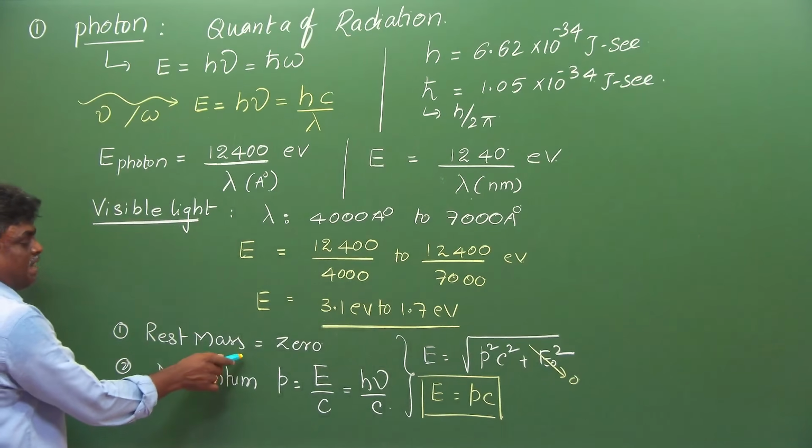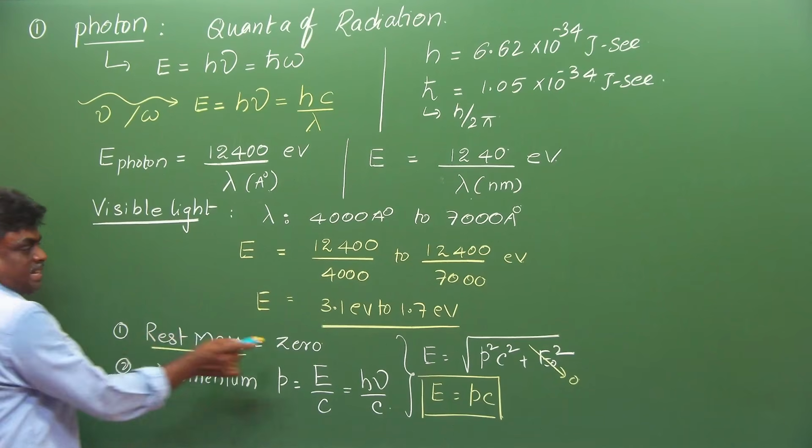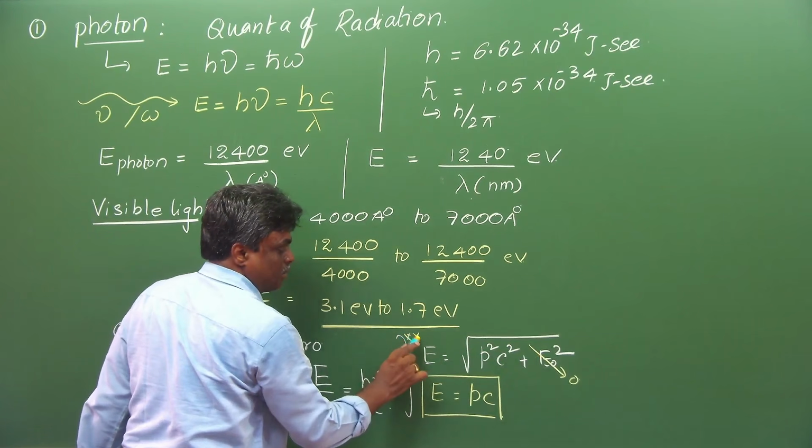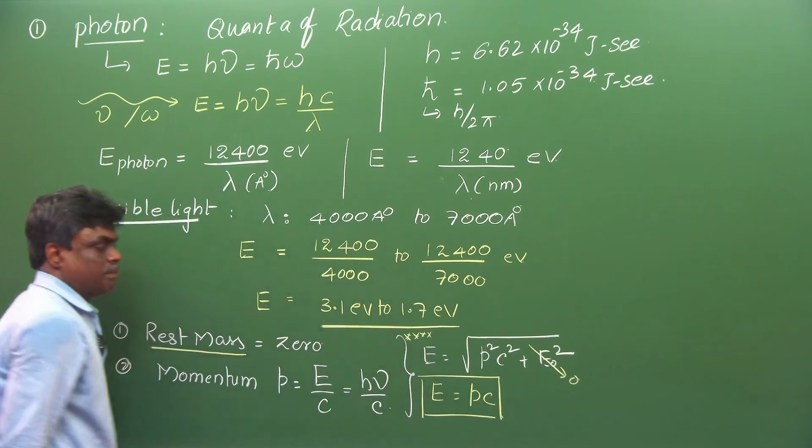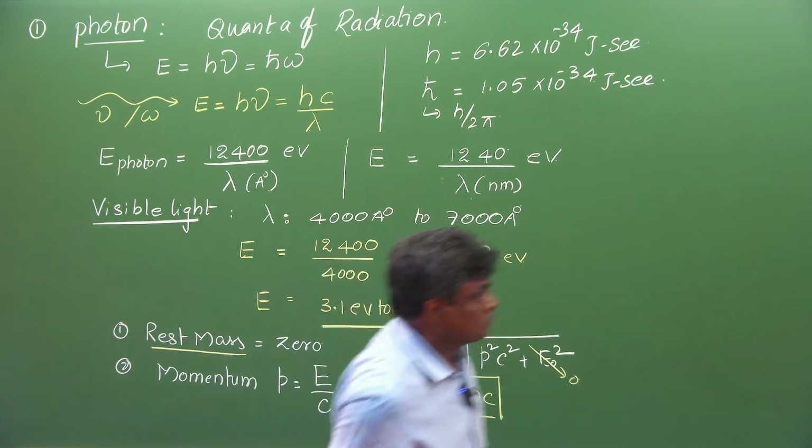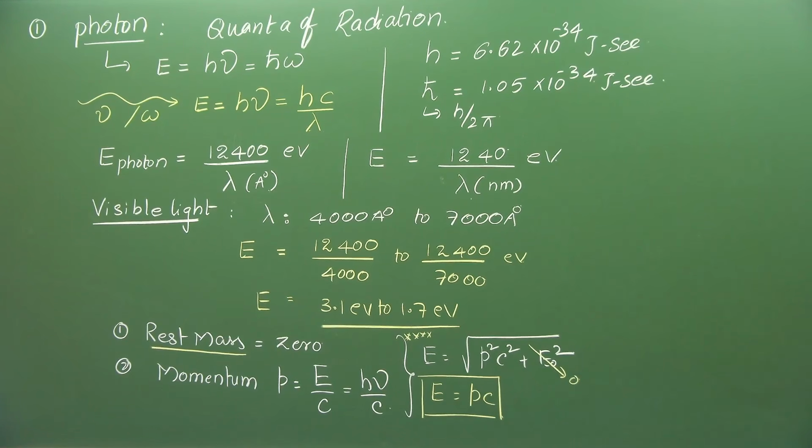Why does the photon have energy E equal to Pc? Because its rest mass is 0. See this formula, maybe you will remember from your BSc. So the photon energy E equal to h nu or hc by lambda, that is 12,400 by lambda in angstroms or 1240 by lambda in nanometers.